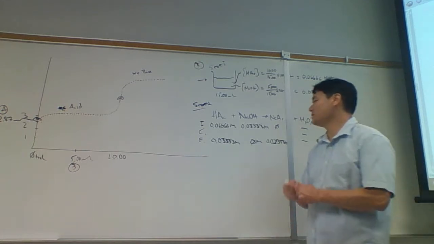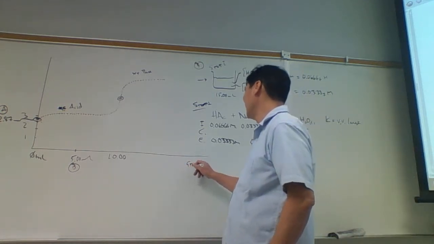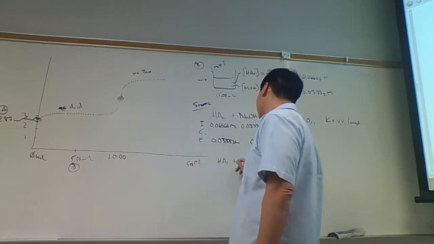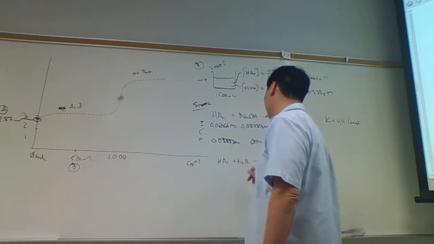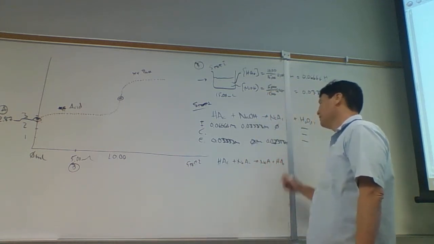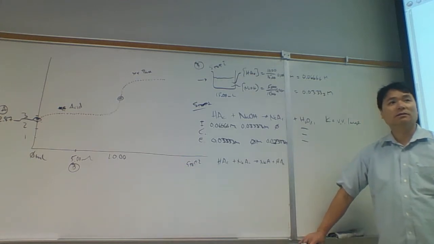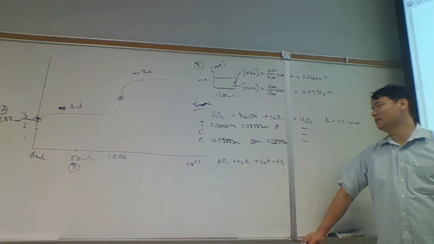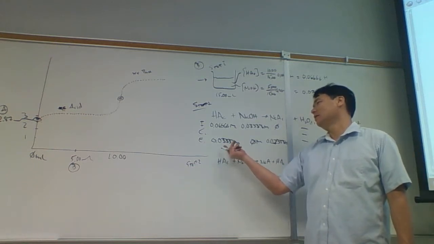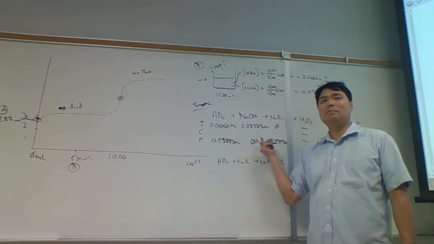But step two is acetic acid plus sodium acetate yields sodium acetate plus acetic acid. So is there any change there? There's no change there. But you've seen this before. You have to recognize this. Do you recognize that this is a solution of acid and base?